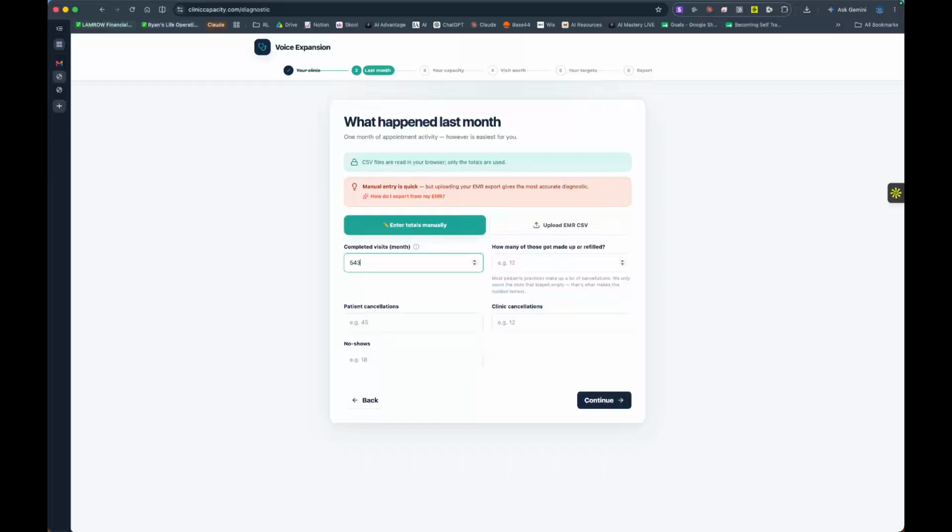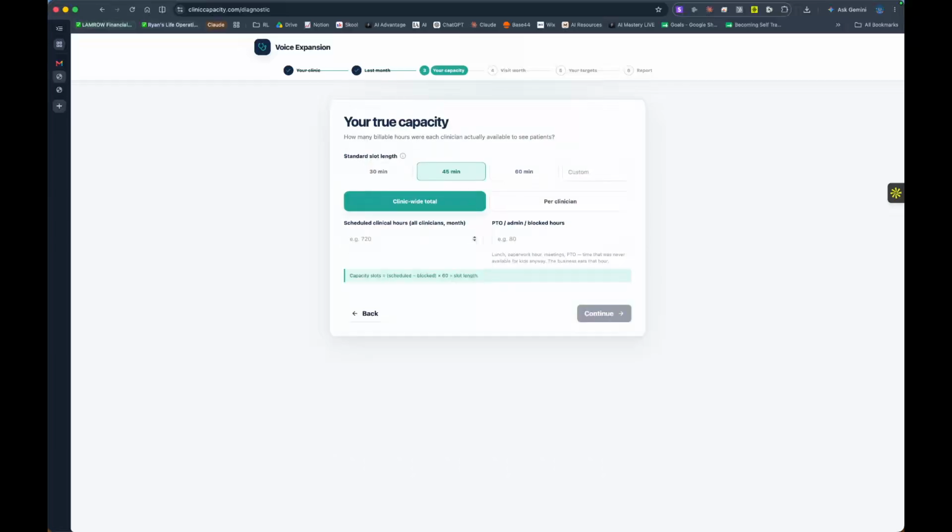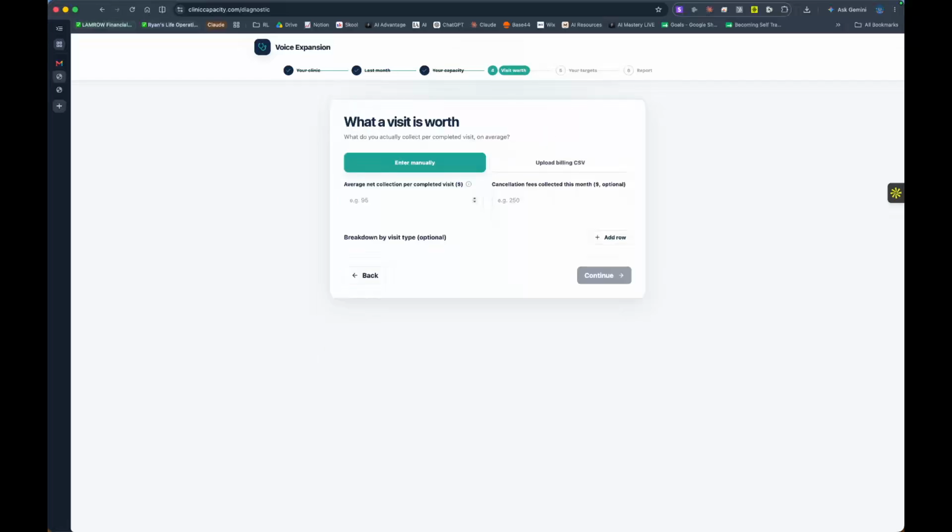They can enter approximates, or they could enter their EMR data manually for more accurate results. Going through it, it's very detailed and specific, and all the equations and math in here work pretty well.